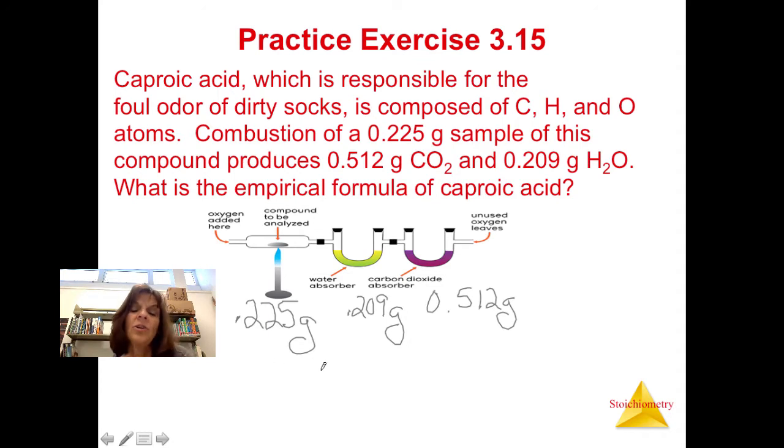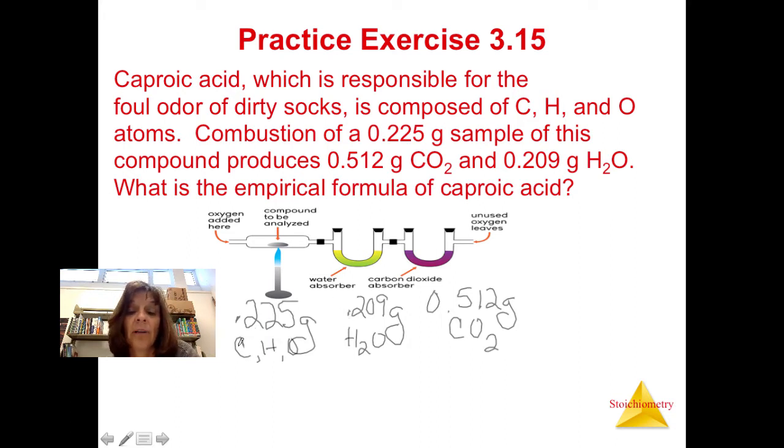So what can we determine from this? So if we have the water here and the CO2 here, and this had C, H, and O to start, that means that if we only added oxygen, we could see that all of the hydrogen from the compound is in the water.